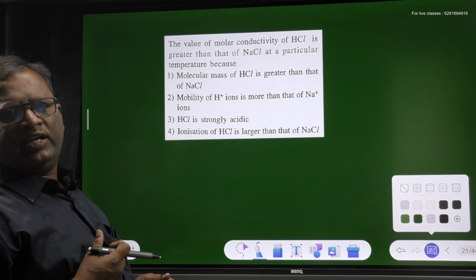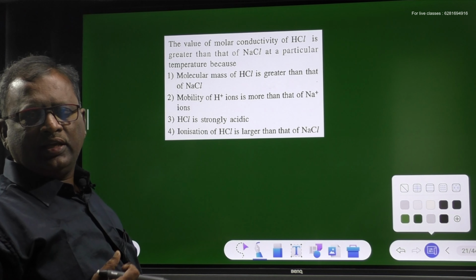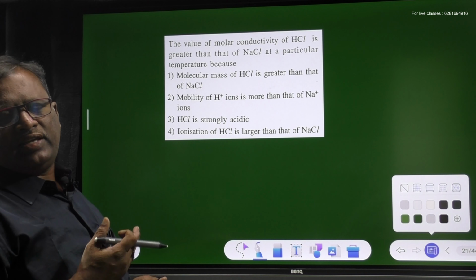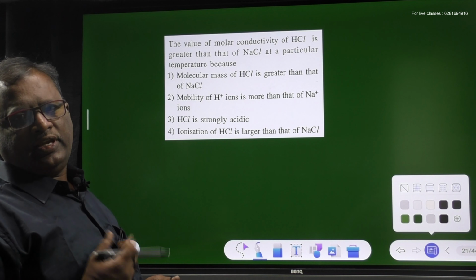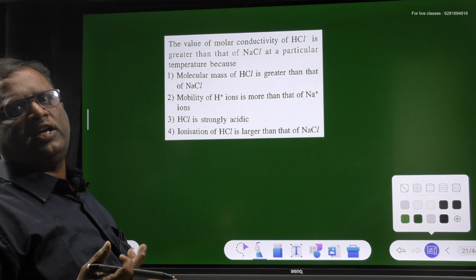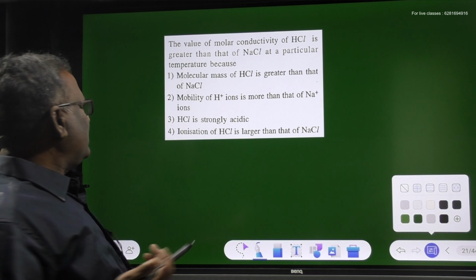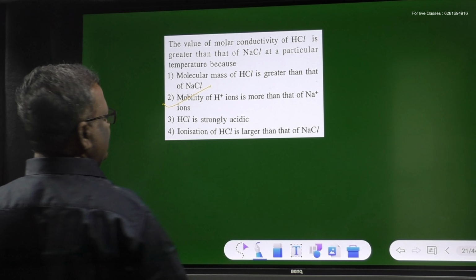In both cases the anion is the same, Cl minus. In HCl the cation is H plus, whereas in NaCl the cation is Na plus. Na plus ion size is larger than H plus ion, so H plus ions are more mobile than Na plus ions. This is the reason.